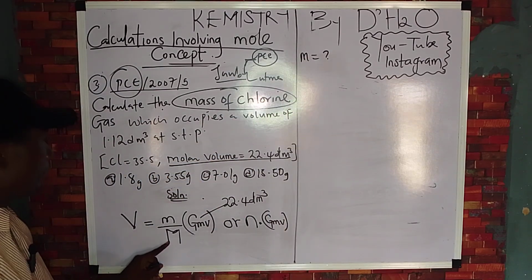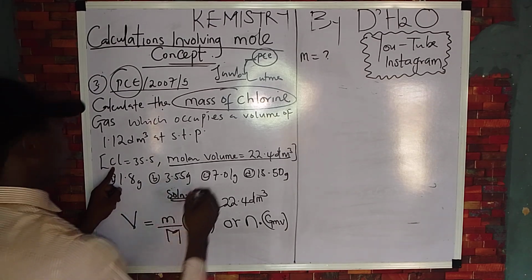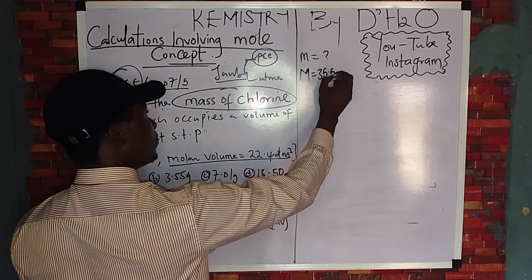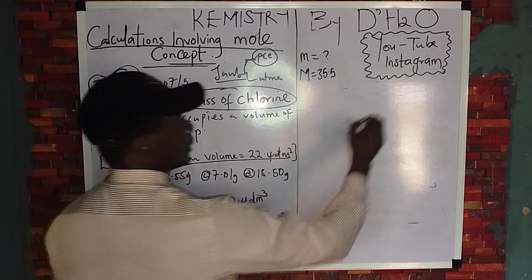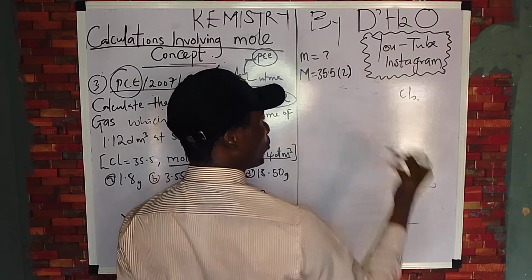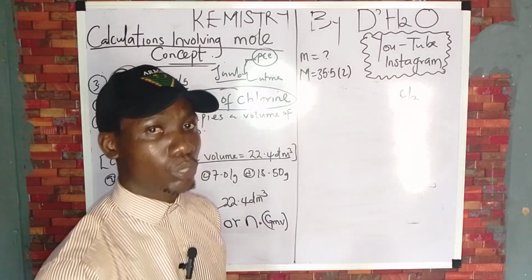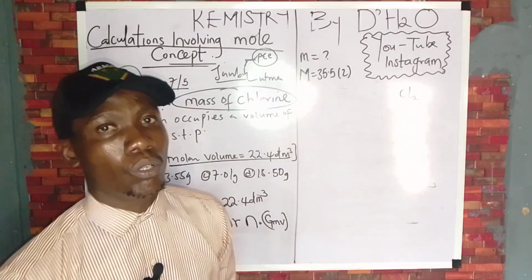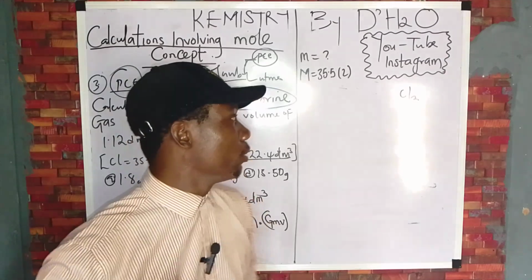Okay, did they give us the molar mass of chlorine? Yes. The molar mass of chlorine here is 35.5. Remember that chlorine is a diatomic gas, so you have to multiply with 2. I've told you every diatomic gas you multiply with 2, triatomic gas multiply with 3, tetratomic or polyatomic multiply with 4.